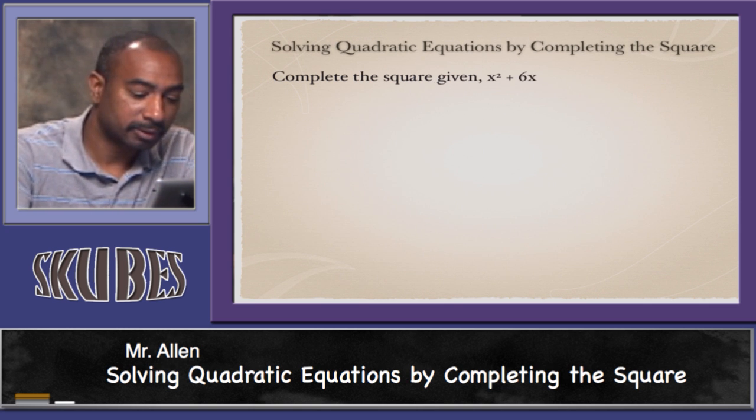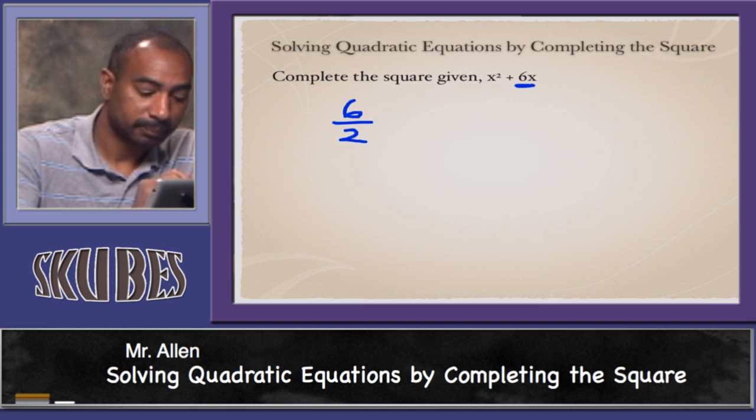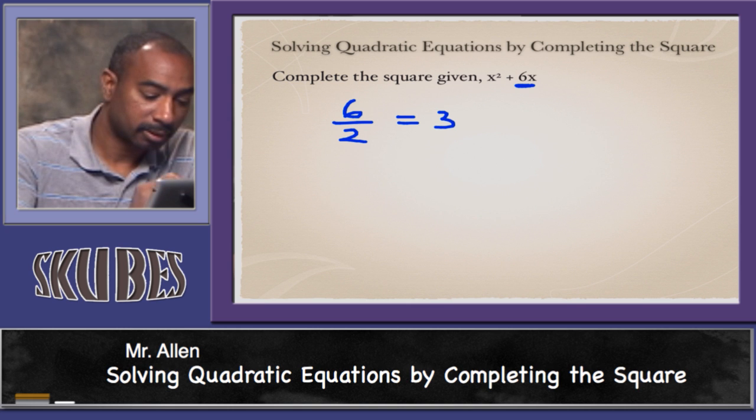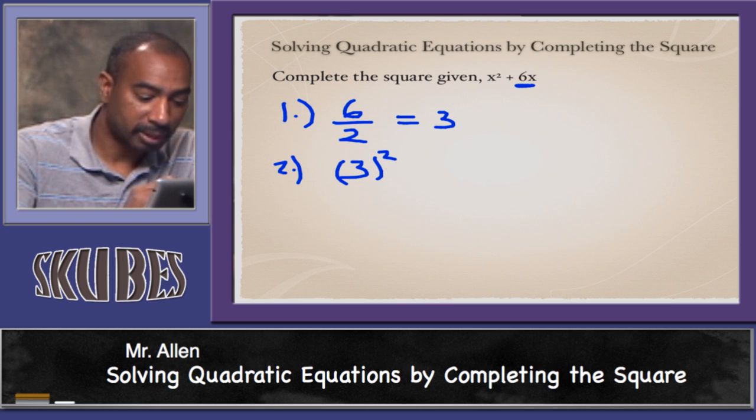Complete the square of the given expression x squared plus 6x. Our linear term is 6x, so the coefficient is 6. I'm going to take that divided by 2. That gives me 3. And then I want to square the result. Remember, the first step is to divide the coefficient of the linear term.